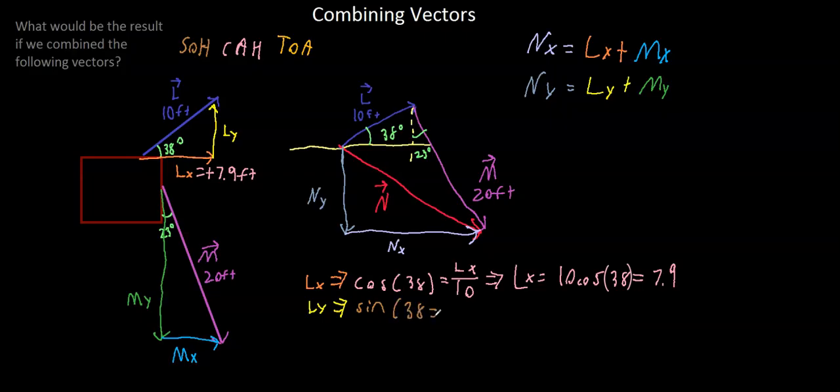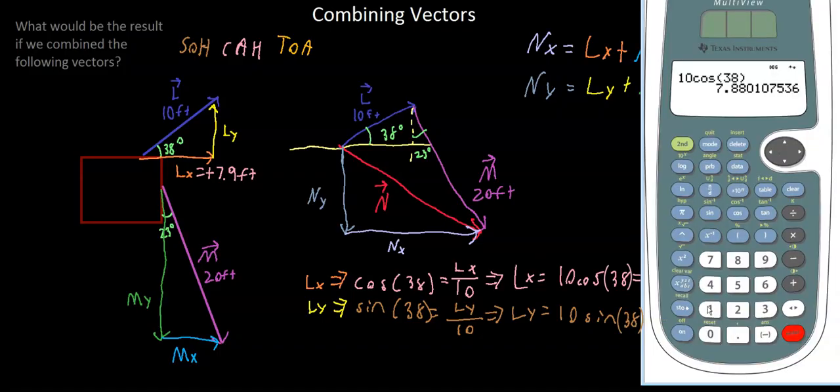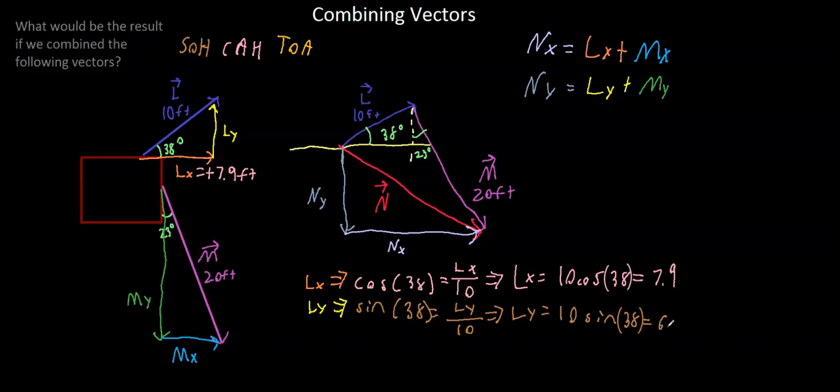Sine of 38 equals L of y divided by 10, so we multiply by 10 on both sides, and we have L of y equals 10 times the sine of 38. And we can type that in our calculator. We get 6.2 feet. So this L of y is 6.2 feet. And again, that's positive since it's going upwards.